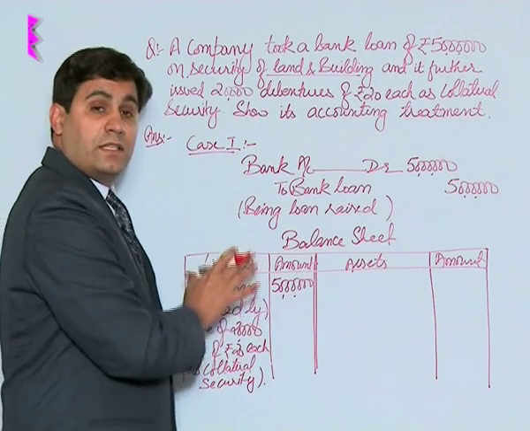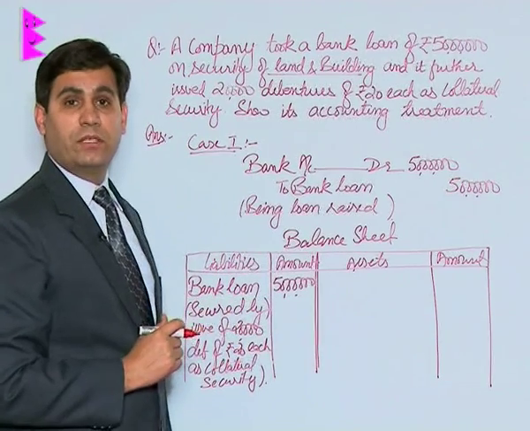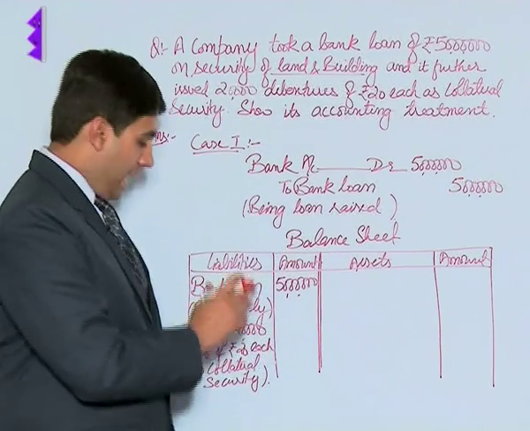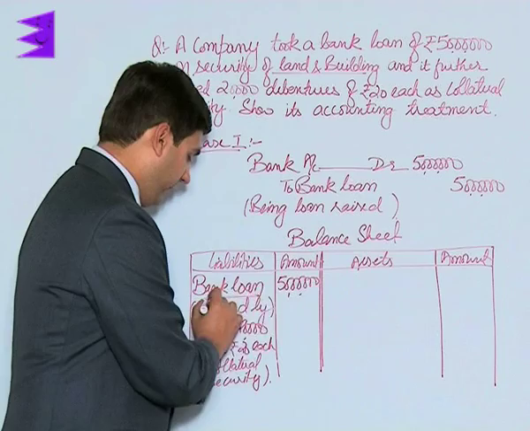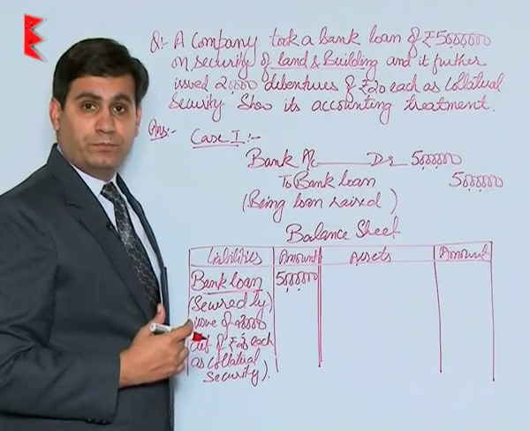So this is the only note that actually tells us that certain debentures have been issued as collateral security and they have been issued in favor of bank for the loan that we have taken from them.